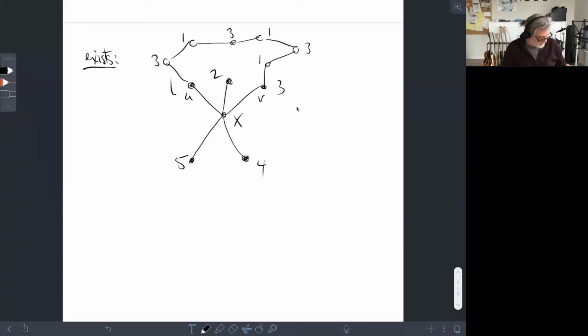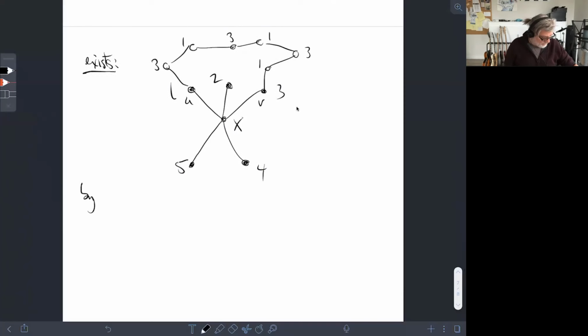Okay, all right. Now, I made the argument for 1 and 3. For any pair of colors, it's exactly the same argument, right? So now consider 2 and 4.